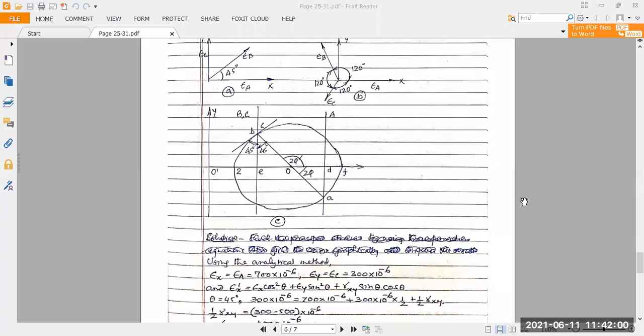By the action of the external force, the straight line PQ has rotated to a certain extent, equal to angle theta, and assumed a new position P dash Q dash.